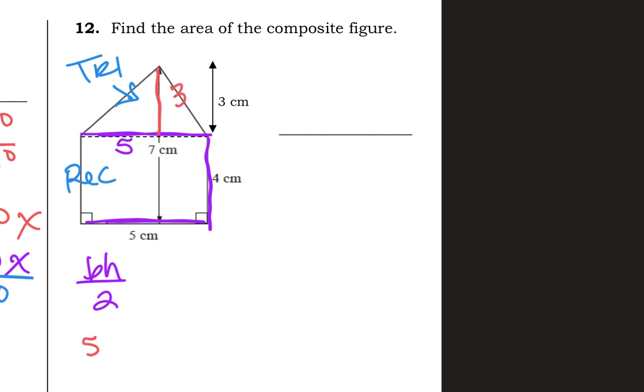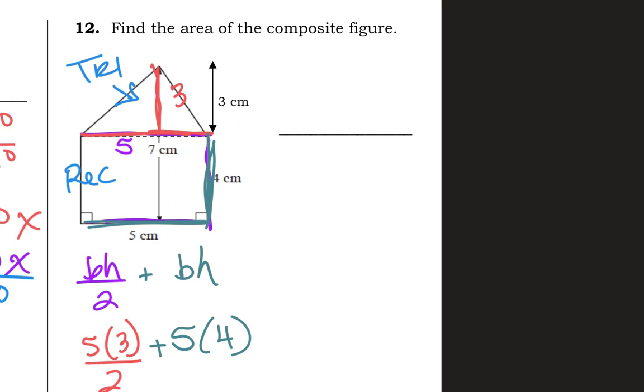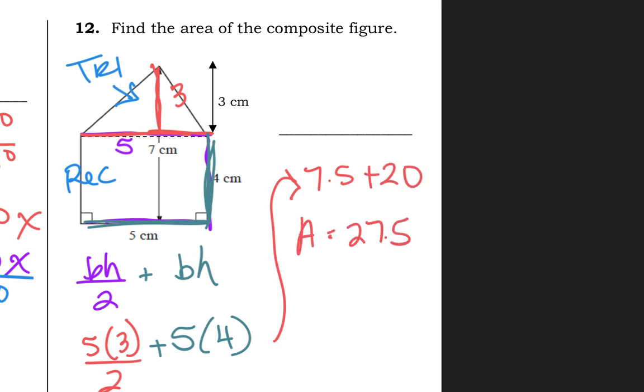So our base is 5 and our height is 3. Base times height, we'll divide that by 2. We're going to add a rectangle. Rectangle is just base times height, and that's 5 by 4. All right, so once we calculate these, we should get 7.5 plus 20, so the area comes out to be 27.5 centimeters squared.